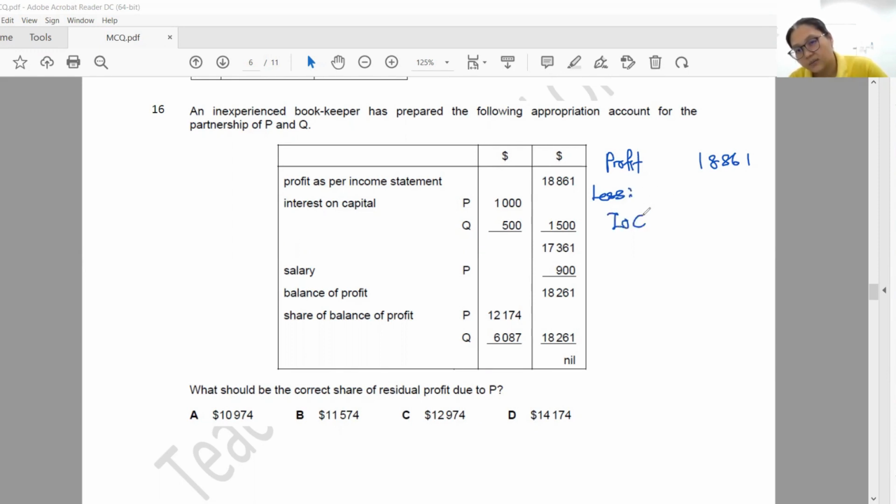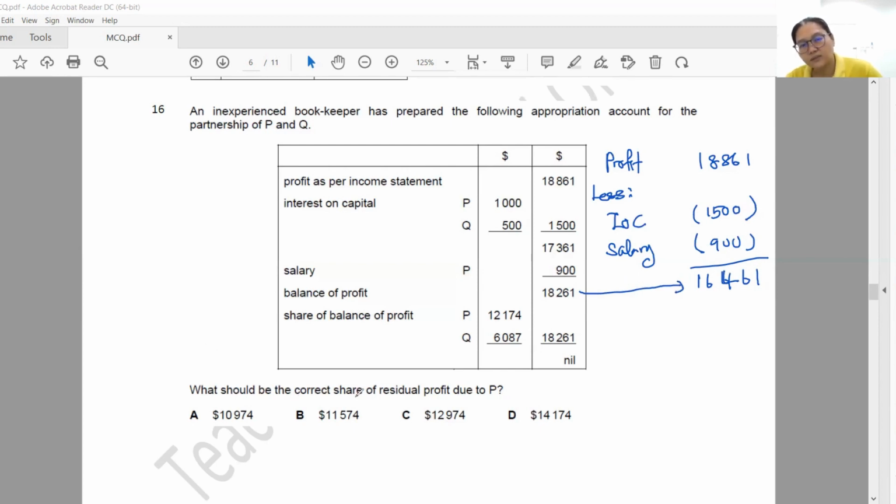So interest on capital 1,005, salary 900, we get the amount 16,461. So this is the correct amount for the balance of the profit.